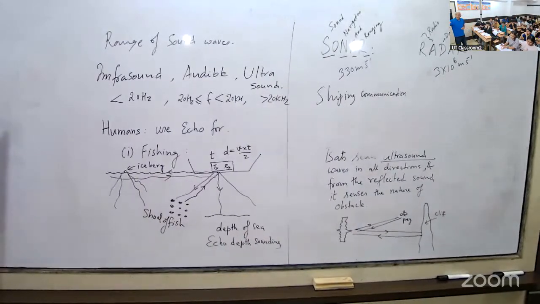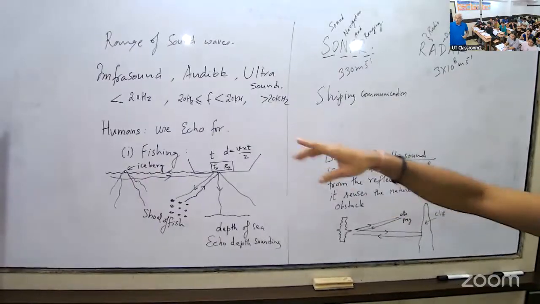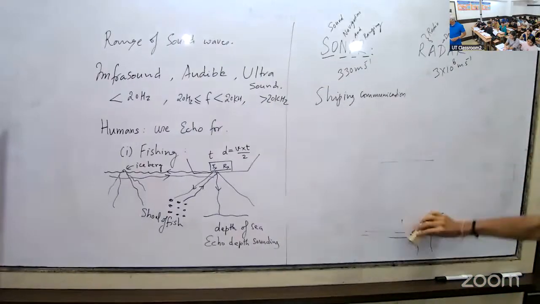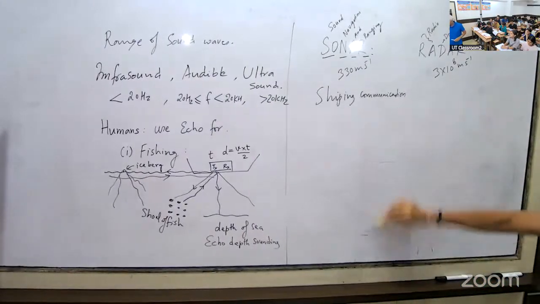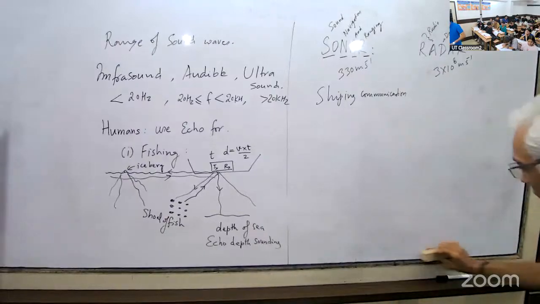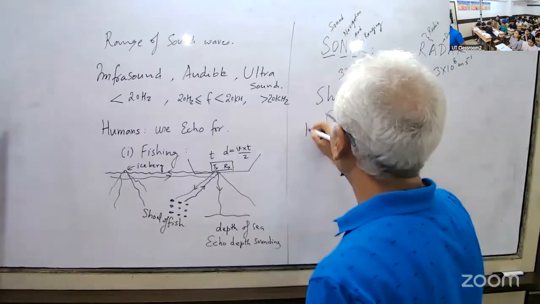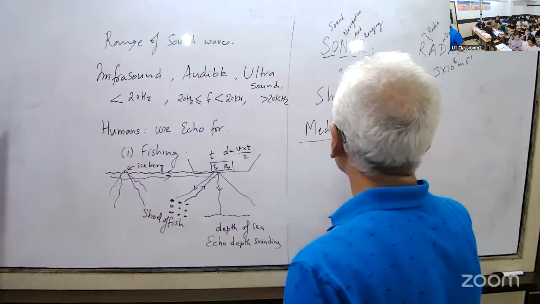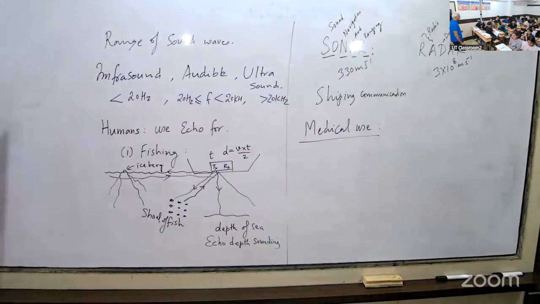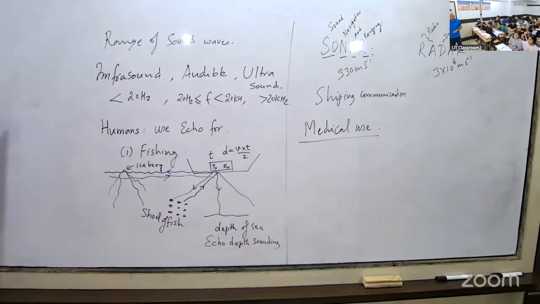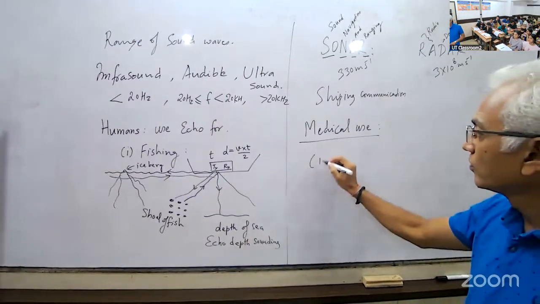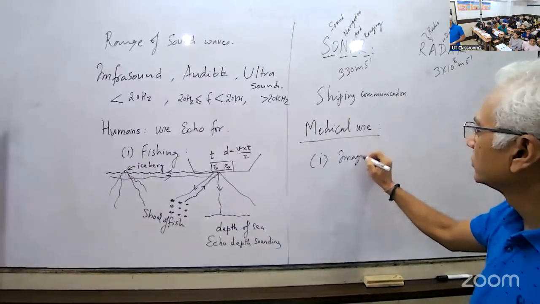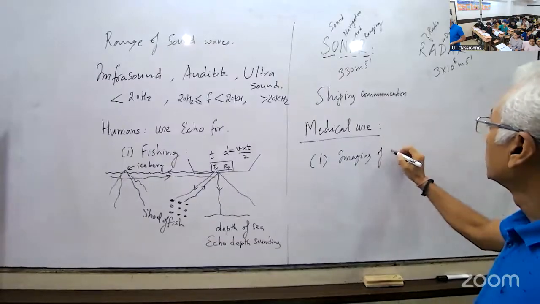So this is about applications for humans. The third application of echo is medical application. What is the medical use? It can be used for imaging of internal organs.